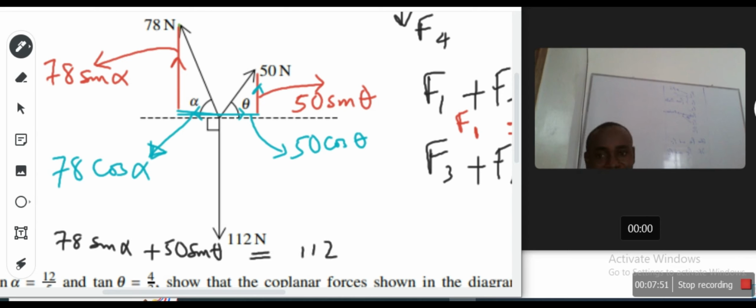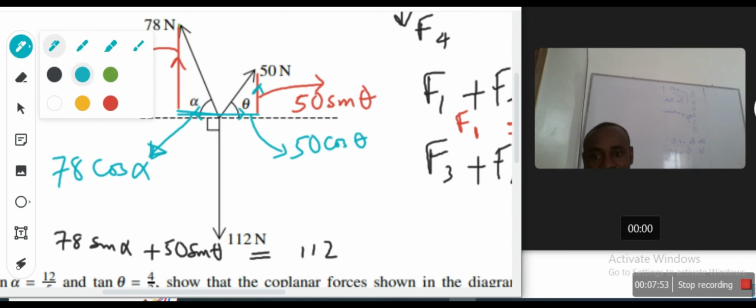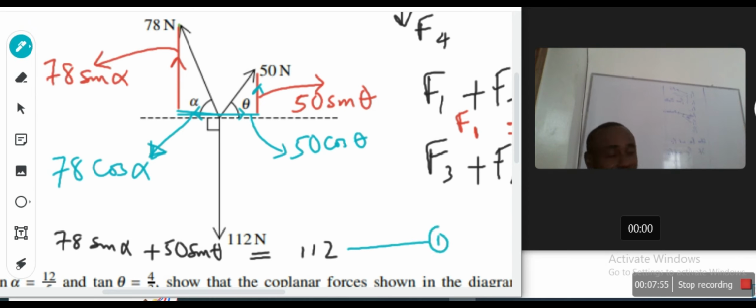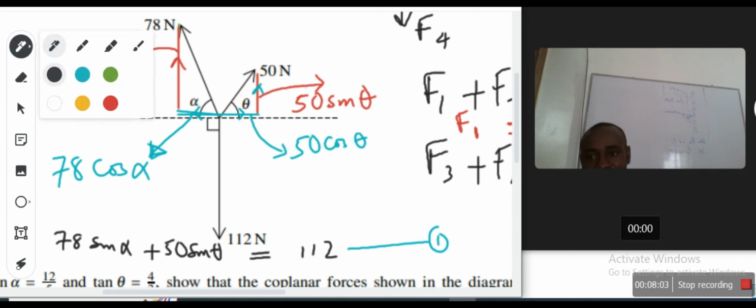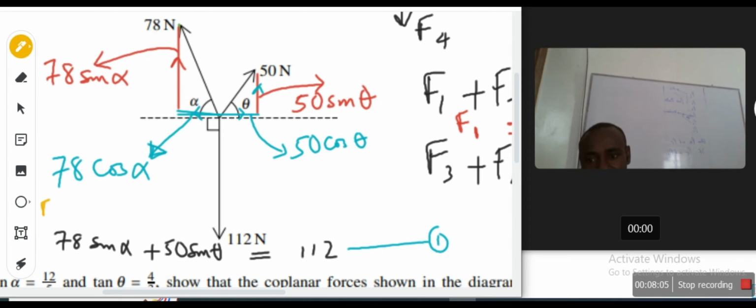Yes. You can call that equation 1. Sometimes you may need two equations to resolve this. That is for equilibrium of forces in the vertical plane.